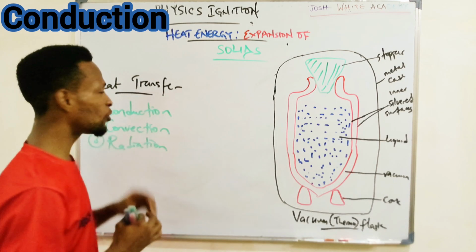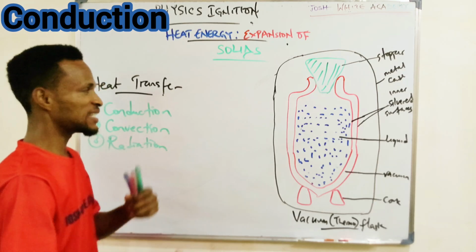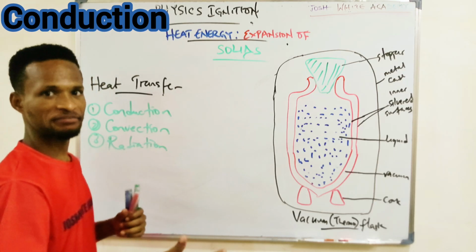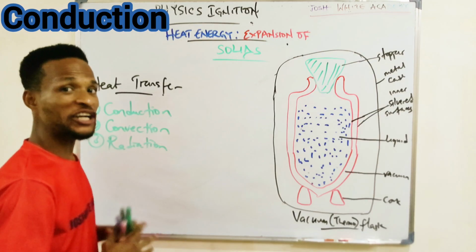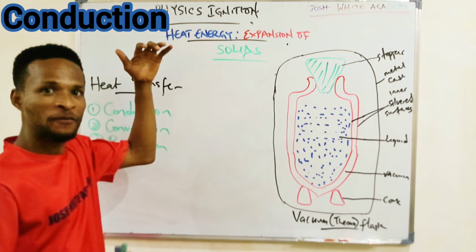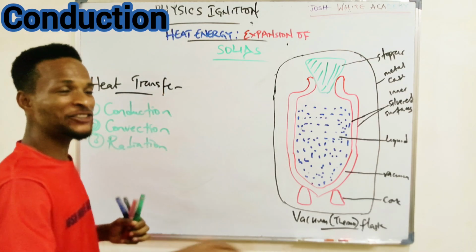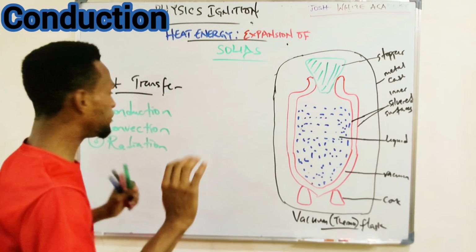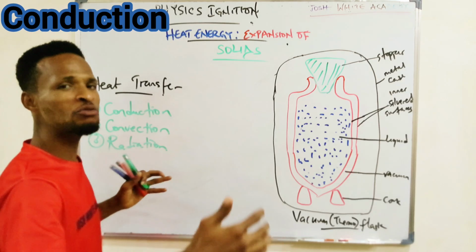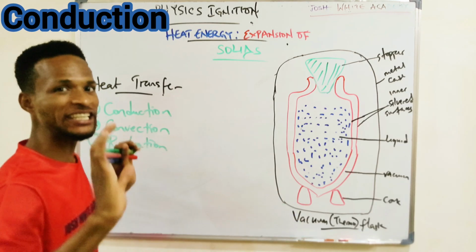In the case of conduction, it's also the movement of heat from the region of high temperature to the region of low temperature without the actual movement of the heated part.